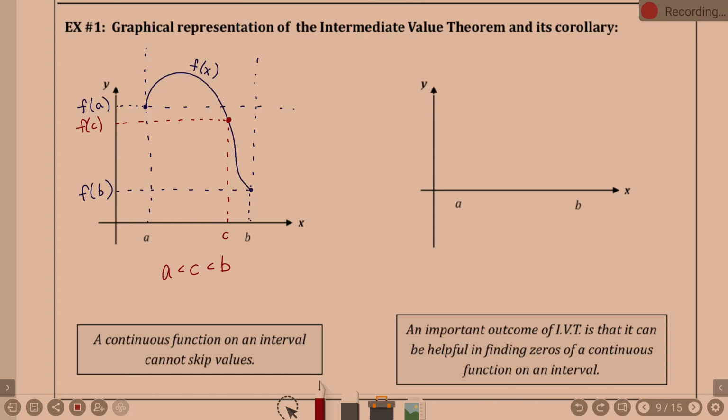In this case, because I drew this as a decreasing function. Could have worked as an increasing function, but if you notice in this case, f of a is the bigger one. So f of b is the smaller one, so we can write that f of b is less than f of c is less than f of a.